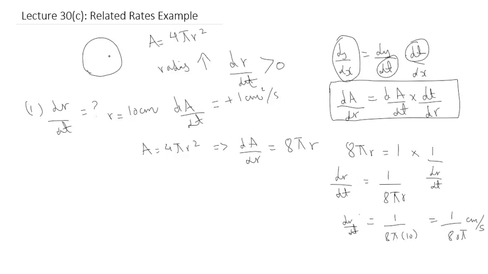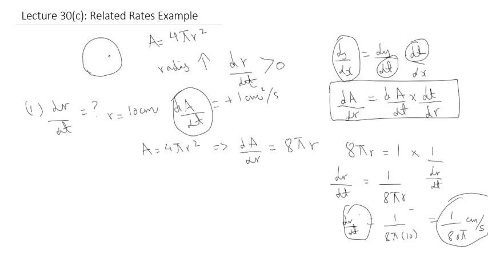So basically what this question has done is it's given you an answer in terms of the radius. What it's saying is that when the radius is r equals 10 centimeters, the rate of change of area is equal to 1 centimeter squared per second. The area is increasing by this amount every unit of time, because that's what it says over here, right? And at the same time, simultaneously, dr by dt is 1 divided by 80 pi centimeters per second, and the radius is increasing by that amount in the same amount of time.